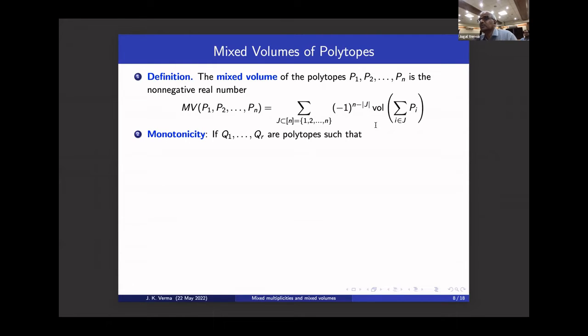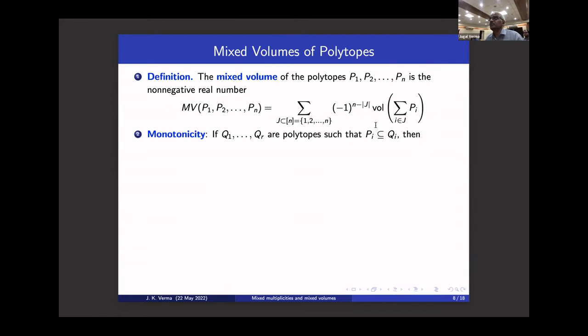Yes, it can be 0. But it is non-negative, always. That needs some proof. No, there are no assumptions. These are polytopes. These need not be lattice polytopes also. Any polytopes. In fact, for any compact convex bodies, one can define mixed volume.